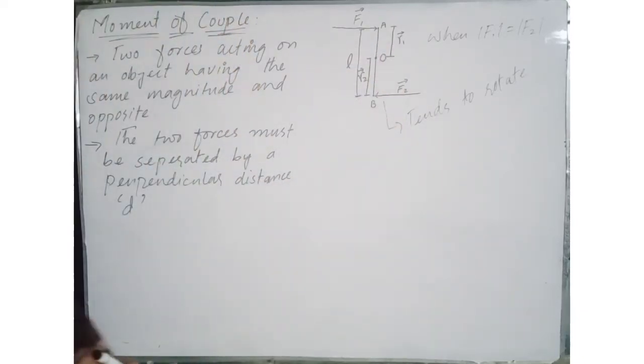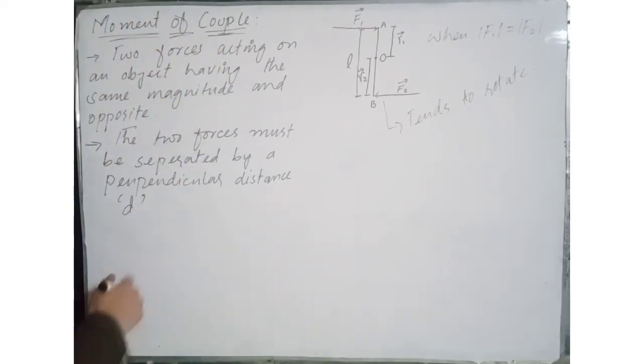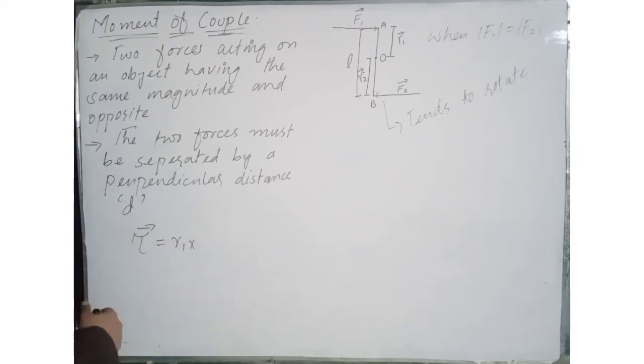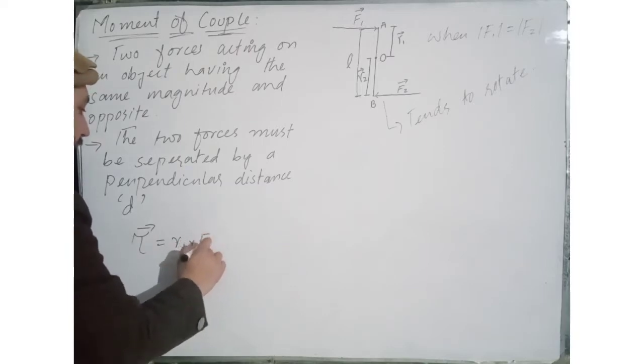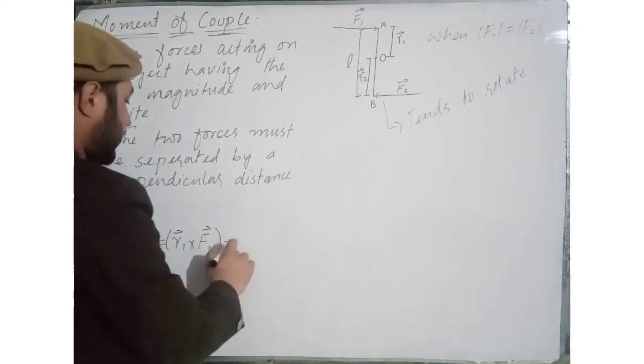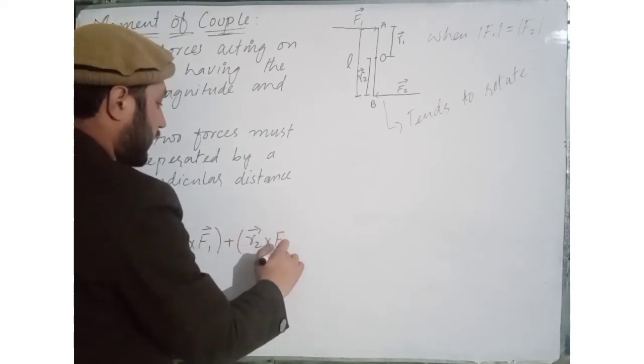So these two forces produce a torque in the rod, and that torque tau would be equal to R1 cross F1 plus R2 cross F2.